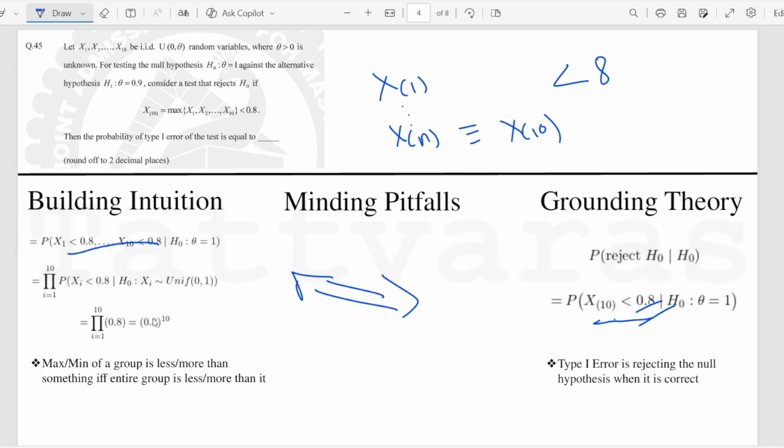And taking advantage of the IID setup, first we make use of the independence of these random variables and convert this intersection of events into product of probabilities, and then we use the identical nature. This is a probability under standard uniform distribution, which is simply the simple area.